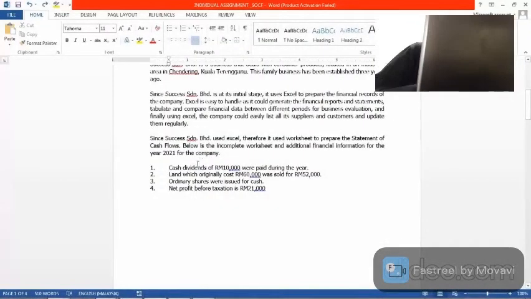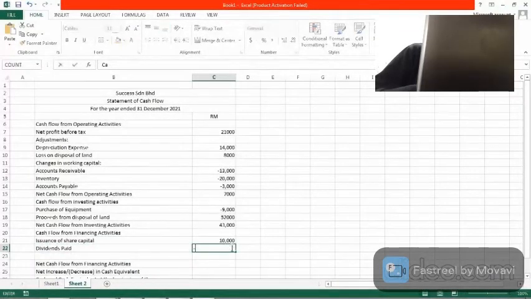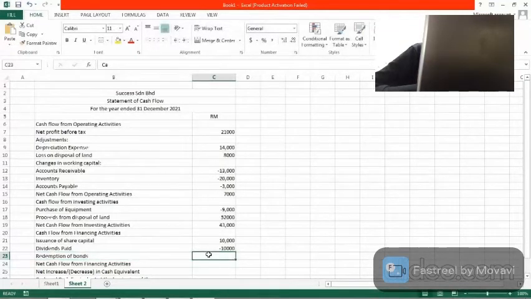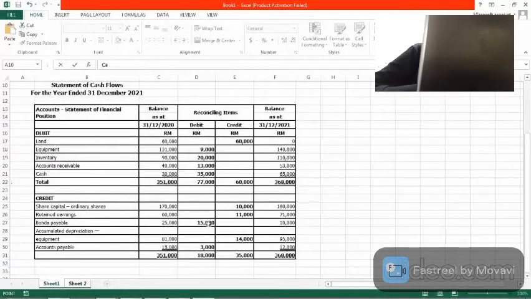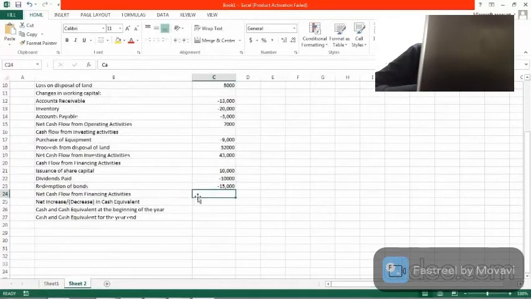In the additional information, it tells us that the company paid dividends of 10,000. And now the last one is redemption of bonds, 15,000. For the net cash flow from financing activity, auto sum, enter.